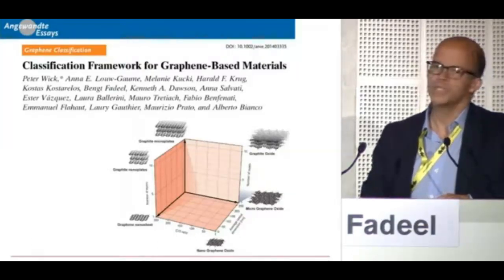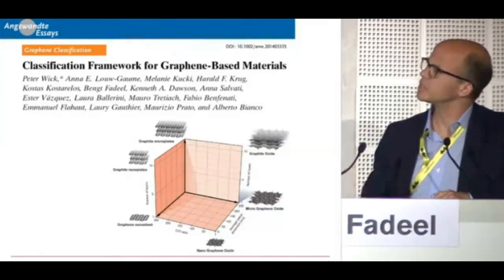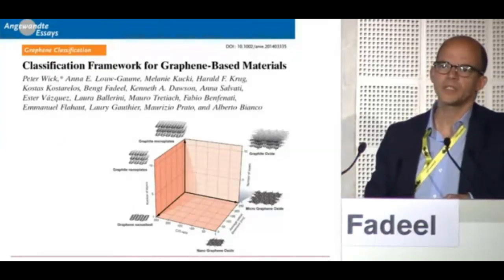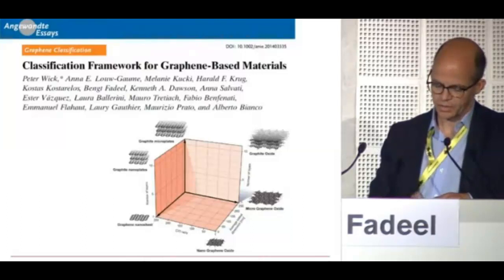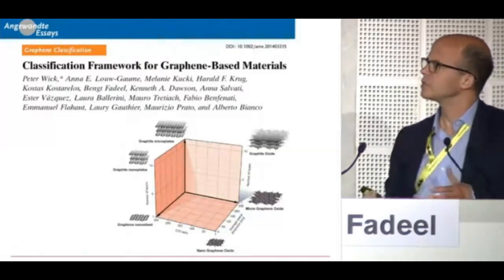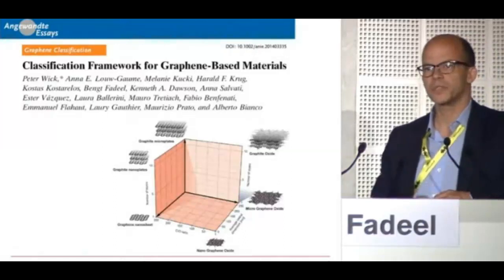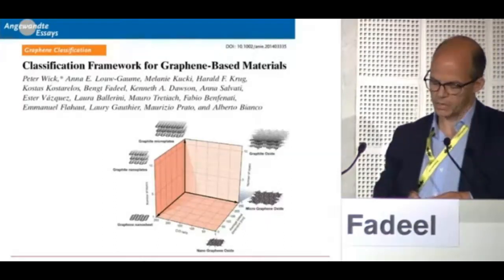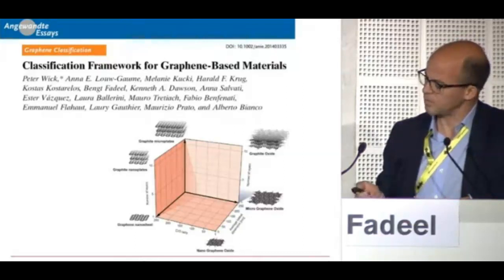Now, at the very beginning of the flagship project, we published this paper in Angewandte Chemie, where we tried to develop a classification scheme for graphene-based materials in order also to guide our toxicological studies and to allow us to do those studies in a more systematic manner.